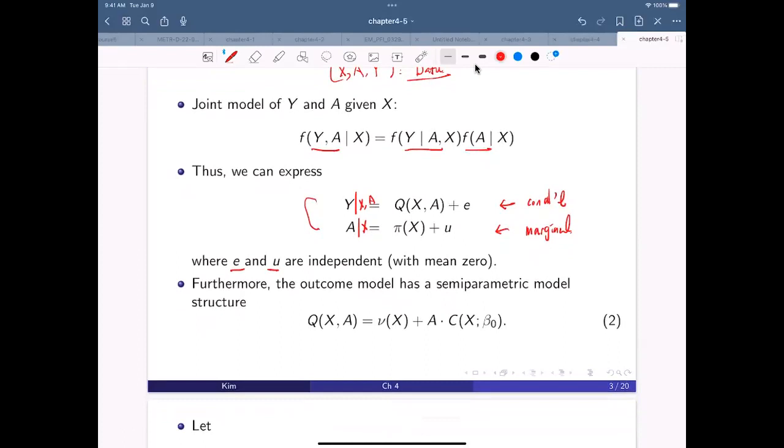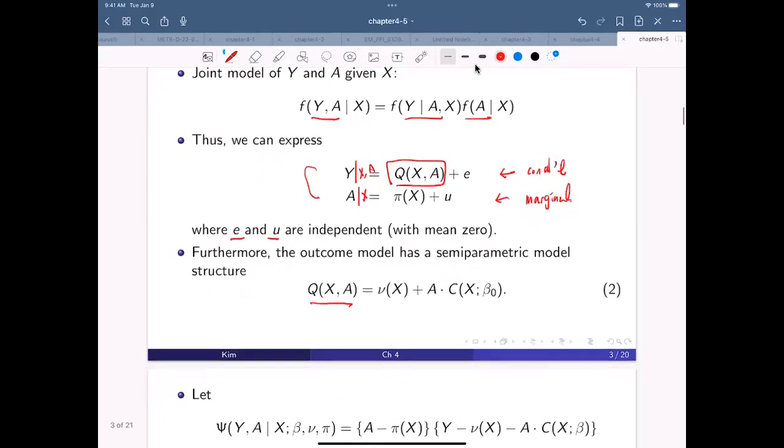Then the model specification is that our outcome model has a mean structure with this kind of semi-parametric model structure. By the way, the seminar speaker yesterday gave a very similar framework. This is the baseline, and this is our posterior drift model, in his transfer learning terminology.